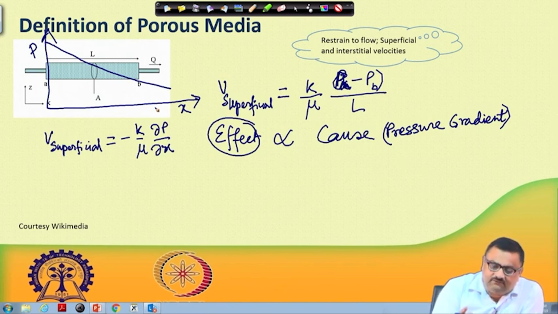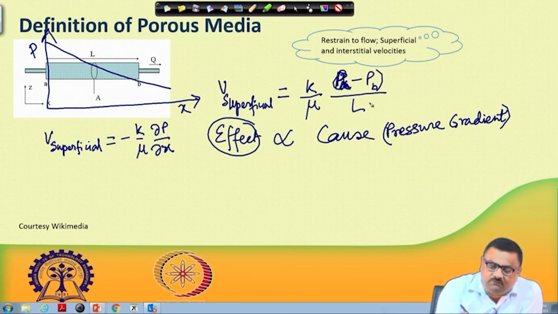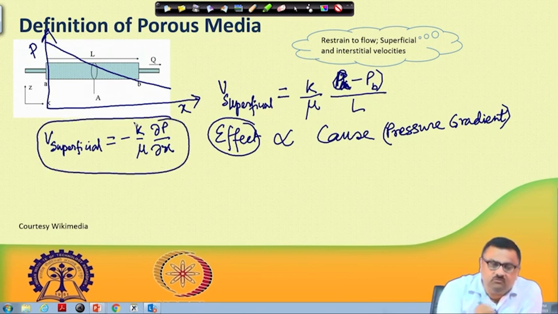If you convert this to algebraic form, assuming the pressure profile to be linear, del P del x would be P B minus P A. The minus sign then makes it P A minus P B, which is the algebraic form I mentioned. This form of the equation we are going to use more often: V superficial is equal to minus K by mu del P del x.